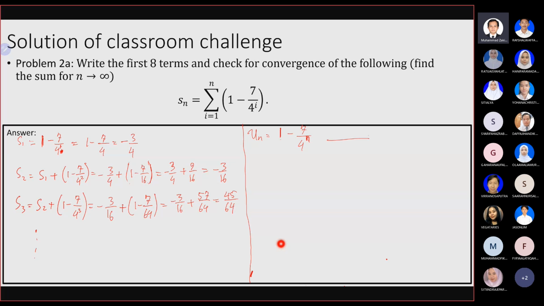And as n goes to infinity, Un converges to 1, right? Which is not equal to 0. So in this case, since Un converges to 1, we can conclude that Sn diverges. Yeah.